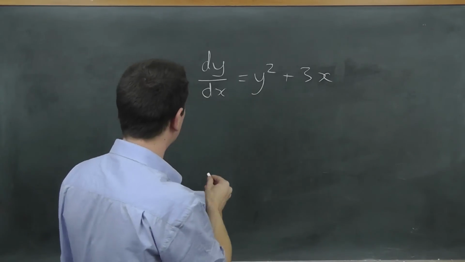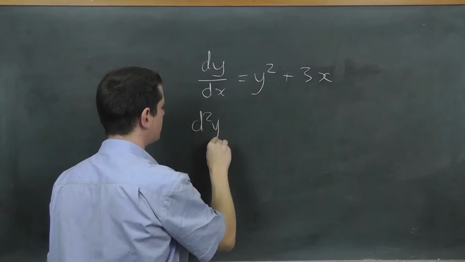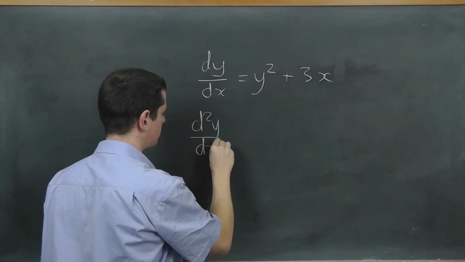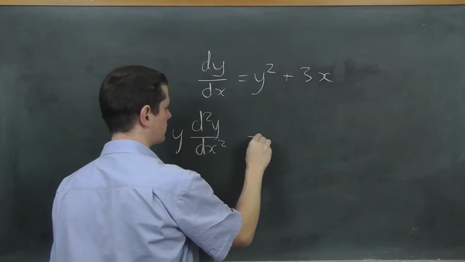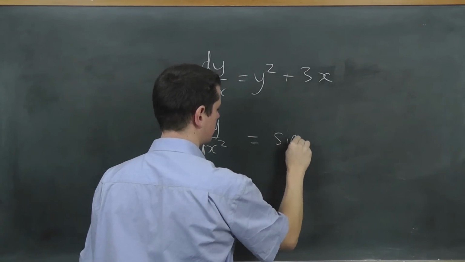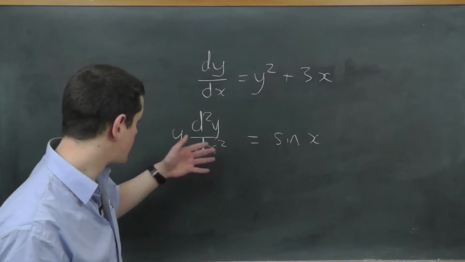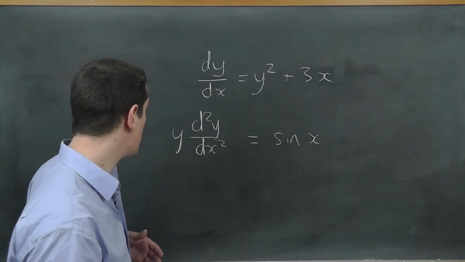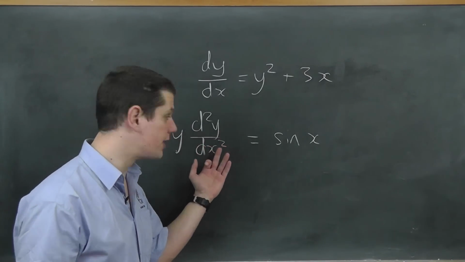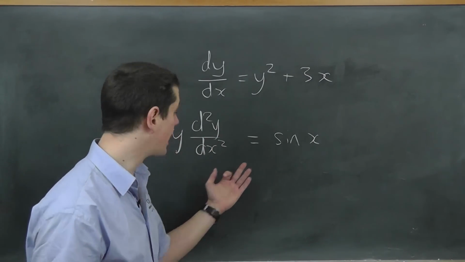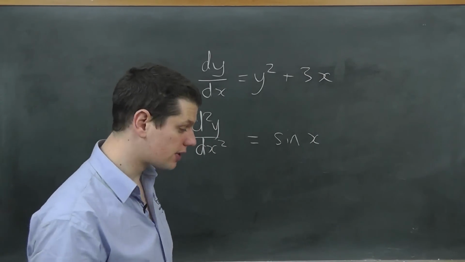So here's another example. This differential equation asks us to find a function y of x with the property that when we multiply it by its own second derivative, we get the function sine x.